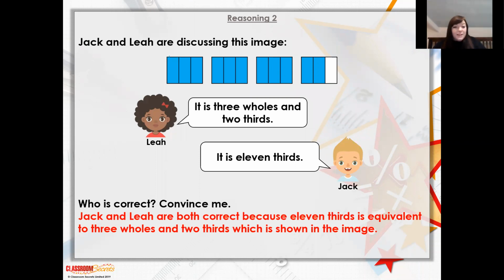So you would have counted up 1, 2, 3, 4, 5, 6, 7, 8, 9, 10, 11 thirds. And that's what Jack's saying. But you can also see that there are 1, 2, 3 wholes and 2 thirds left over. So both of them are correct.